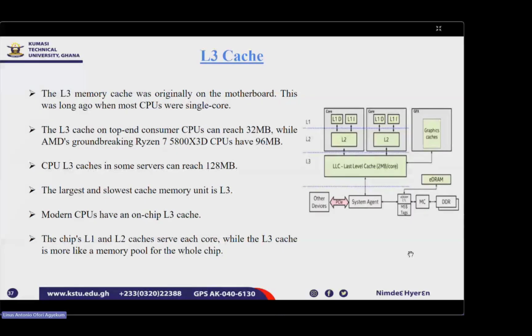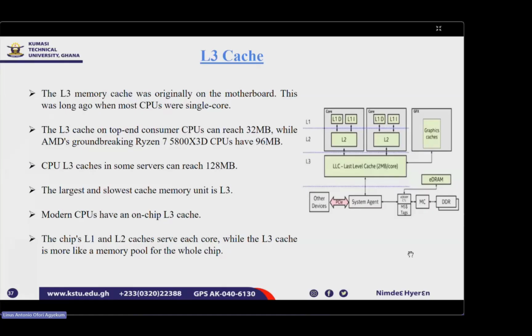Now let's look at the L3 cache memory. Originally these were on the motherboard, way back when we had single-core CPUs. Now the L3 cache has a bigger space or capacity. It can reach 32 megabytes.